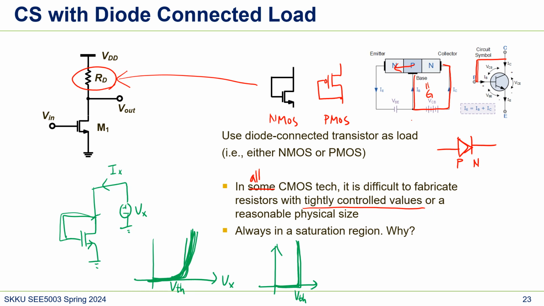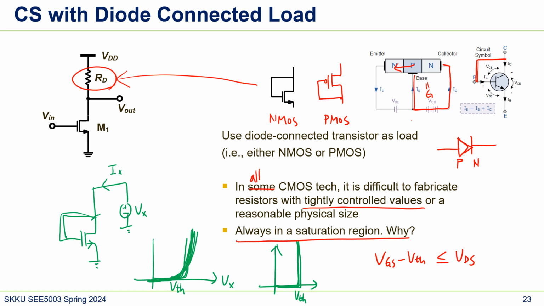And this is important: it is always in the saturation region. So what was the saturation region condition? It was VGS minus VTH is smaller than VDS, right? But in the diode connection, VGS is VDS.